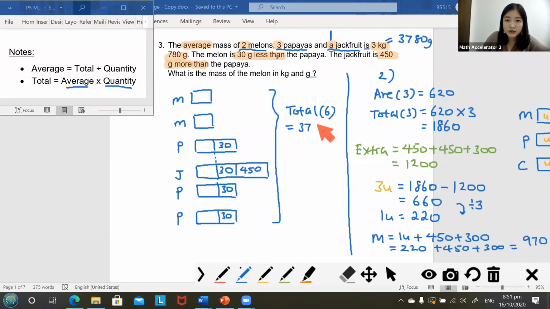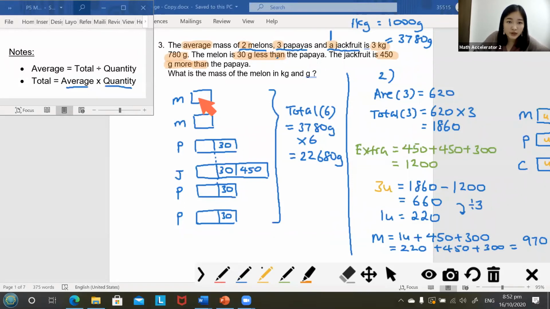So take the average times 6. Okay, 1 kg is 1000 grams. 22680.